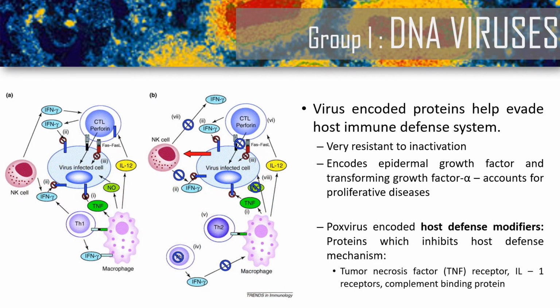So, virus-encoded proteins help evade the host immune defense system. So, that's how the virus, which is smallpox, was difficult to control at that time, because the immune system is trying to fix or control the virus.